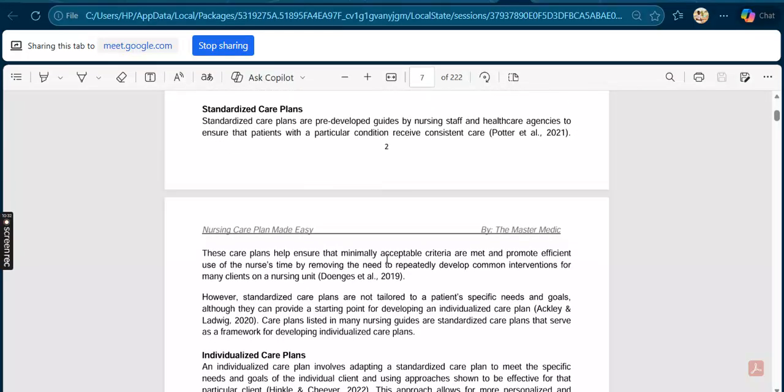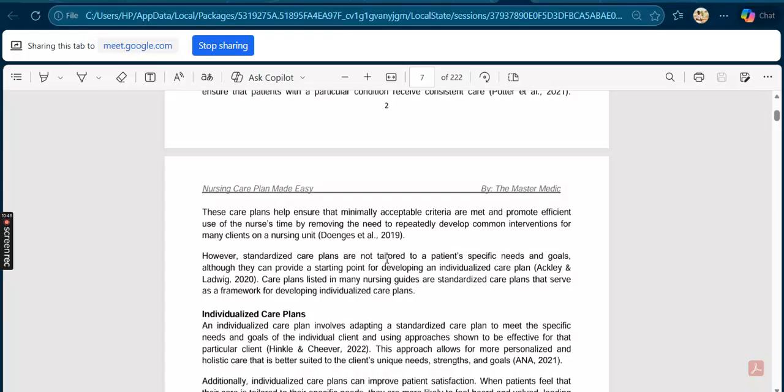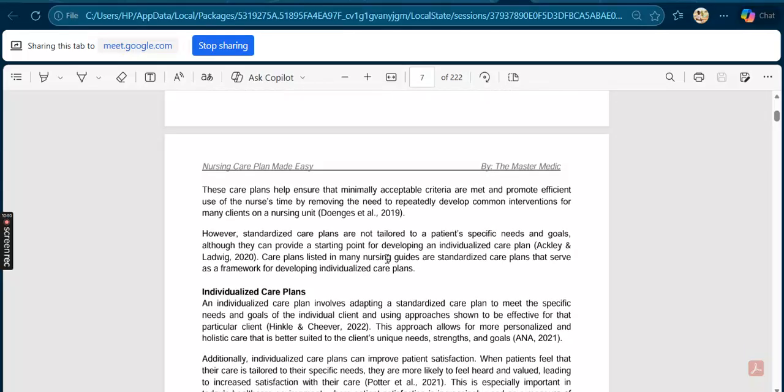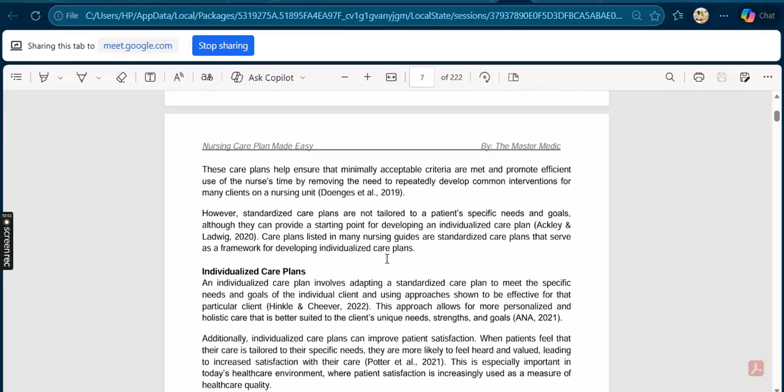These care plans help ensure that minimally acceptable criteria are met and promote efficient use of the nurse's time by removing the need to repeatedly develop common interventions for many clients on a nursing unit. However, standardized care plans are not tailored to a patient's specific needs and goals, although they can provide a starting point for developing an individualized care plan.